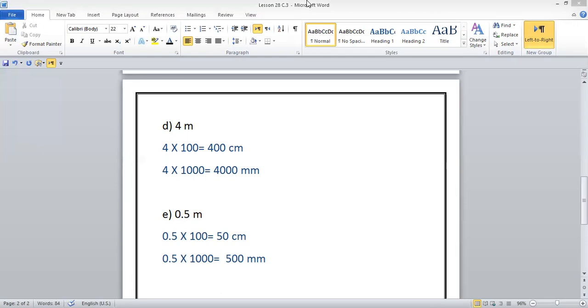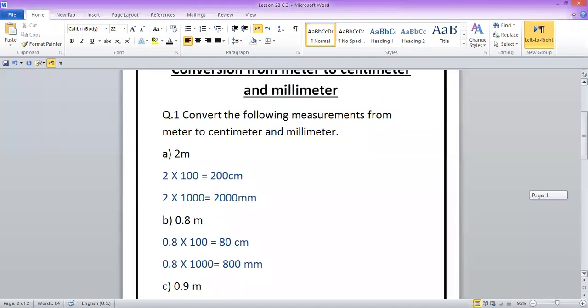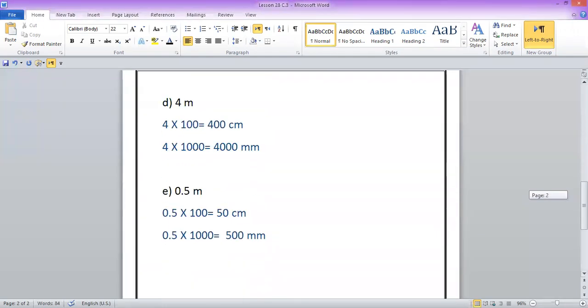Guys, after that, we will see if the value is given in centimeter or millimeter, and you have to convert it from millimeter to centimeter or millimeter to meter or centimeter to meter, then what will you do? Up to here, you were converting the value which was given in meter into centimeter or millimeter. So this was very easy.